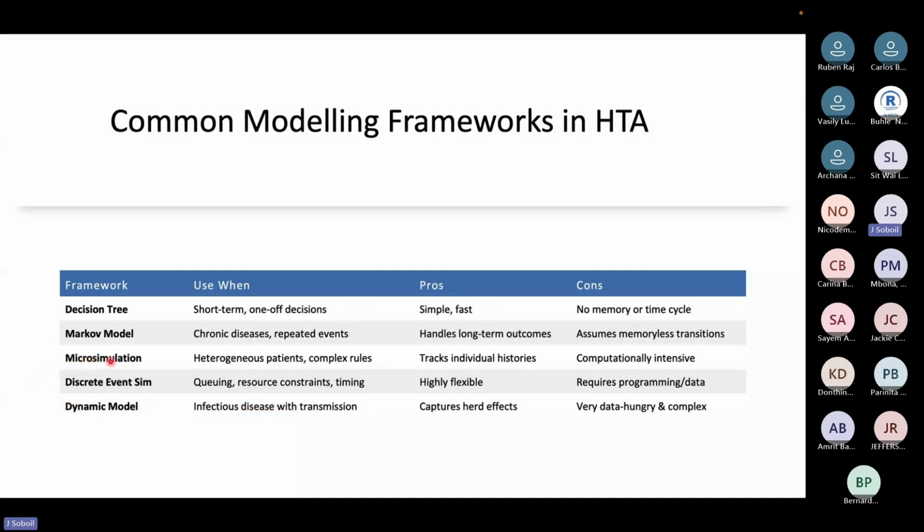So often within health economics, you see microsimulation more for that. But the great thing about a dynamic model is that you can incorporate parameters that capture herd immunity or herd effects of the disease. But again, these are very data hungry and can become very complex and often require statisticians to be involved.